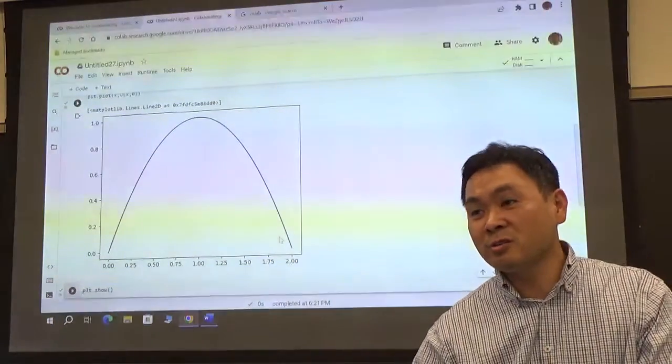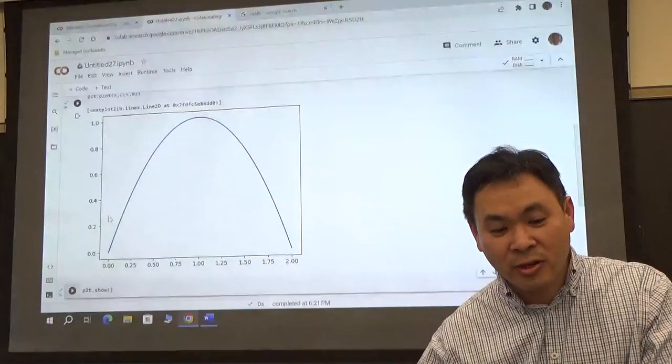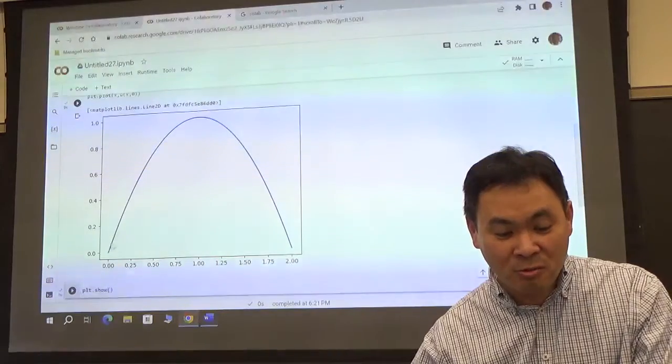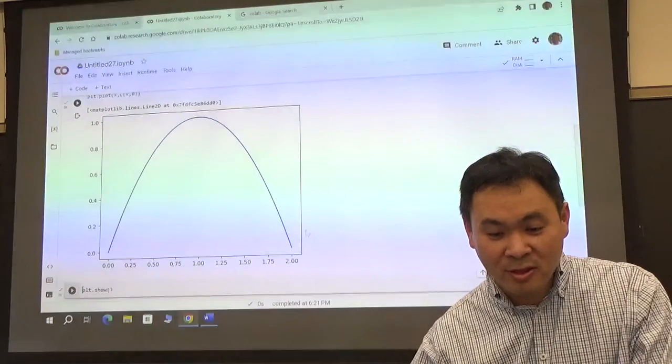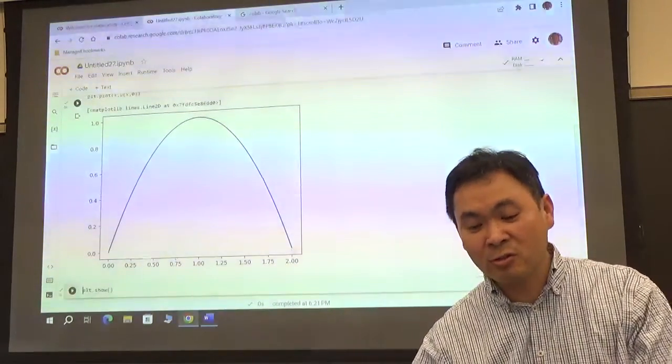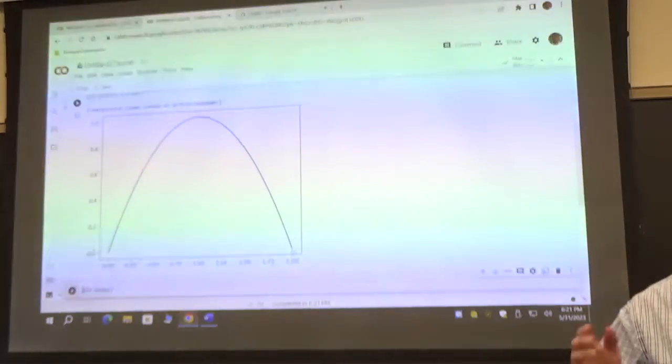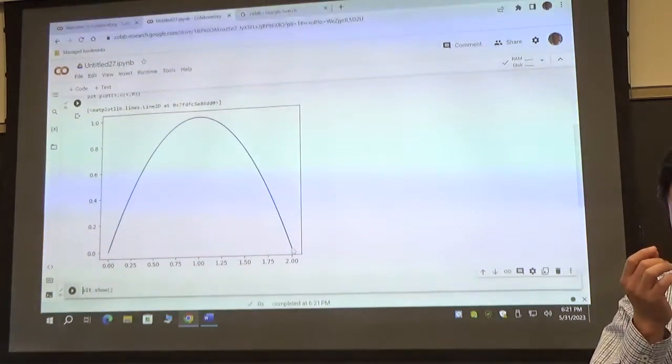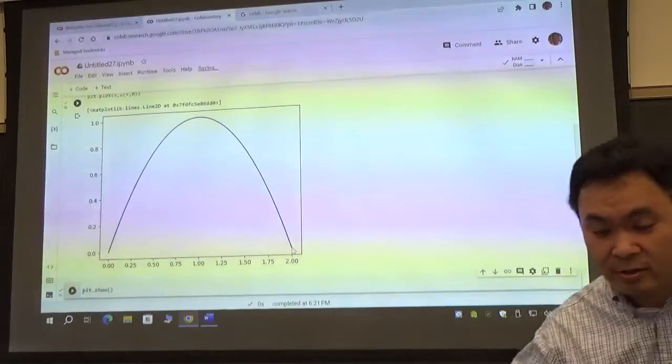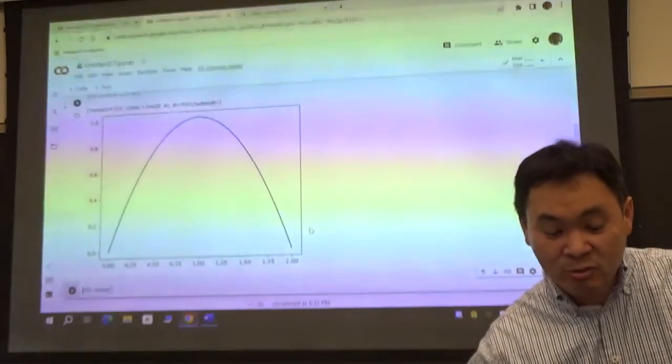Now, what do you think is going to happen if you allow time to proceed just a little bit? Because we have the Neumann boundary condition, which means that the endpoints are insulated, there's no place for the heat to escape.